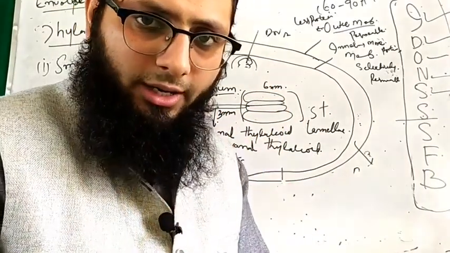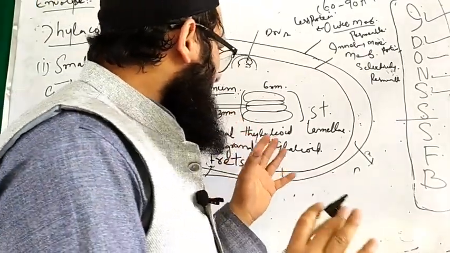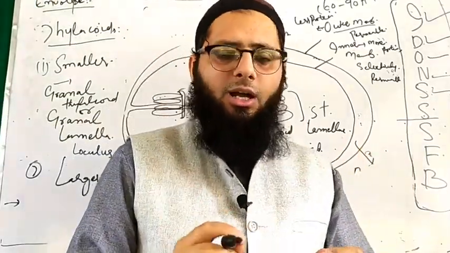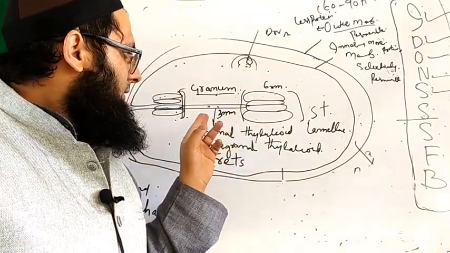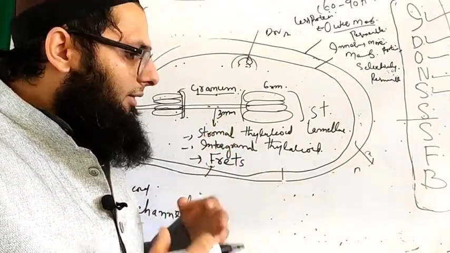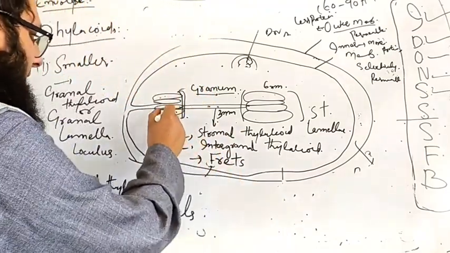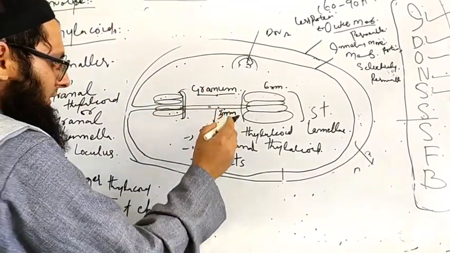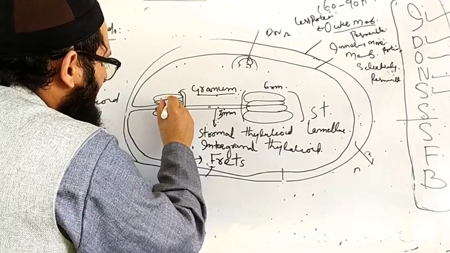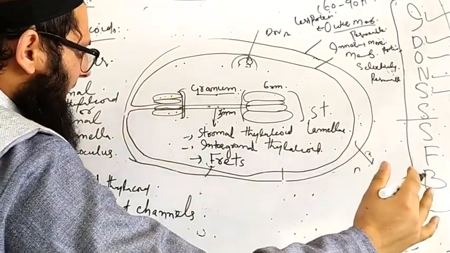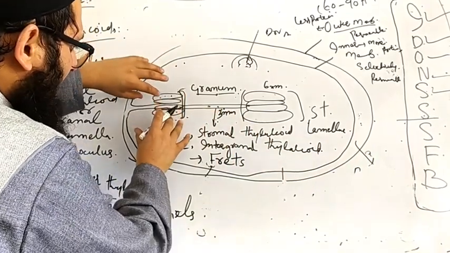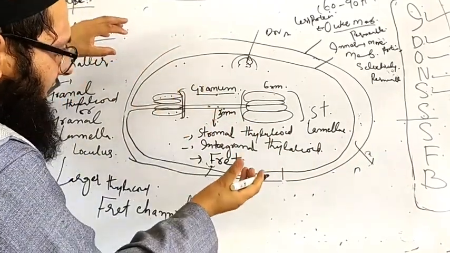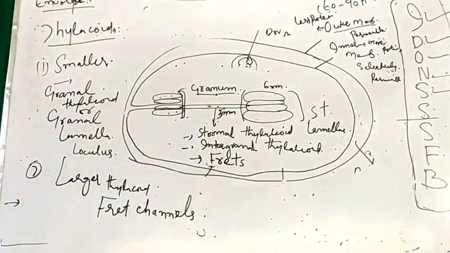Each smaller thylakoid is 6 nm in thickness, whereas the longer one is 3 nm. And why do you call these smaller and this larger? The reason being, these are smaller in diameter, size. However, in thickness, the smaller are thicker than the larger ones.